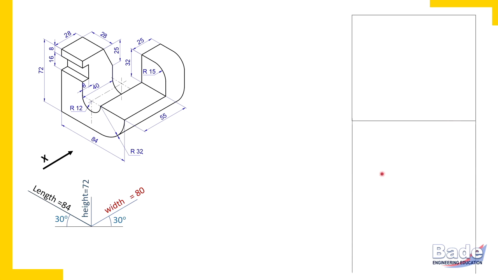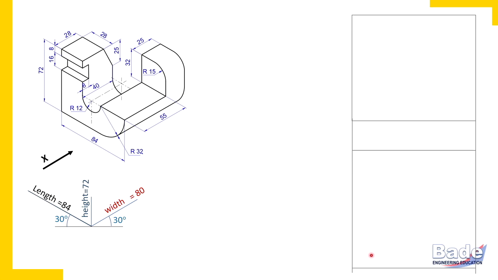So draw end projectors so that length 84 millimeters is there in the top view, and width vertically you should measure. How much is the width of the object? 80 millimeters. So we should measure 80 millimeters vertically to complete a rectangular box. So this is how we have completed the box for front view, length horizontal, height vertical, and for top view, length horizontal 84, width vertical 80.